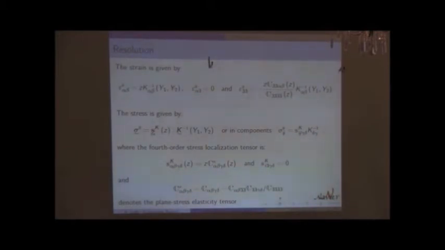I'm not sure if I'm completely clear on that point. This localization tensor mixes the dimensions, because the first indices are 3D. So I will write it on the blackboard, it might be clearer. This localization tensor, which gives you the stress as a function of the curvature, is ij alpha beta.